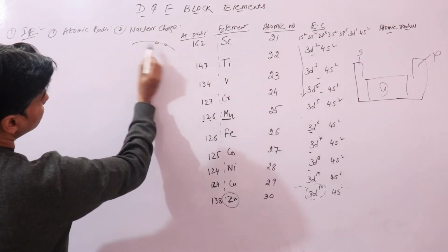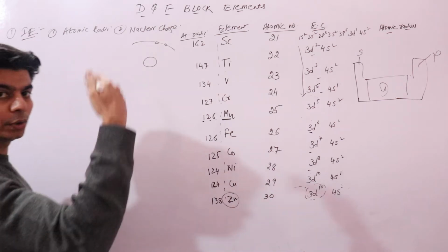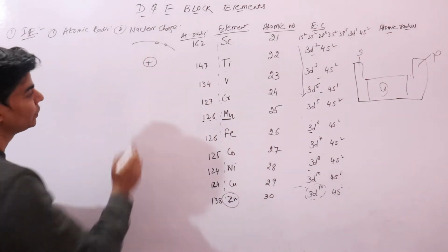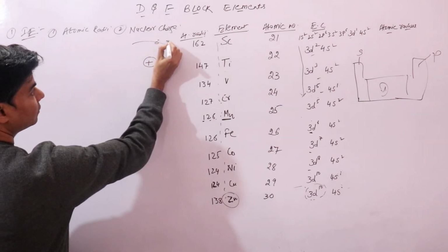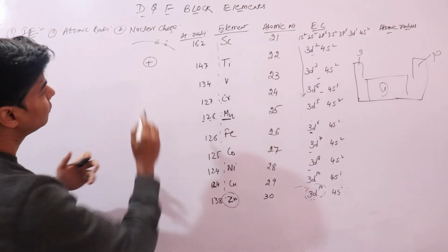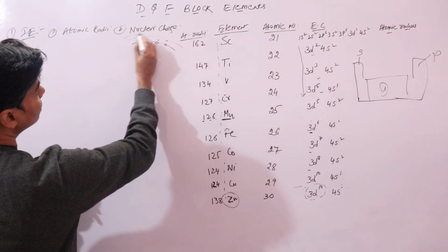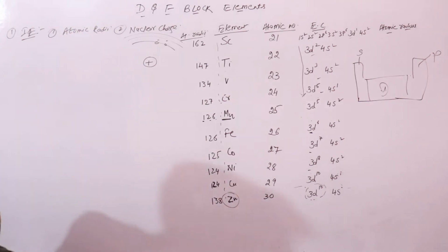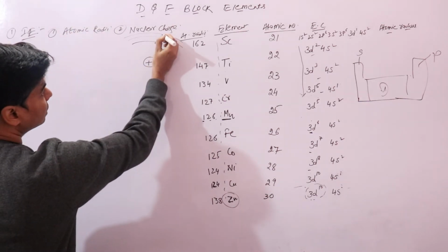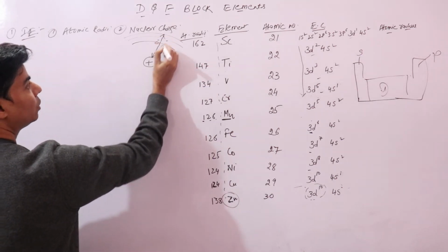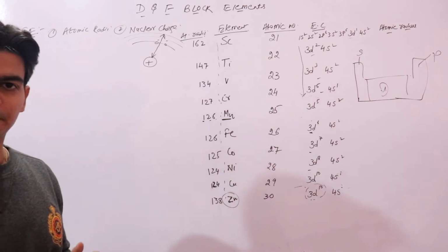As this outermost shell keeps going away from the nucleus, we know the nucleus has a positive charge and electrons are negatively charged. So as the distance of the outermost shell from the nucleus keeps on increasing, the atomic radii is increasing, and the attraction by the nuclear charge will keep on decreasing.